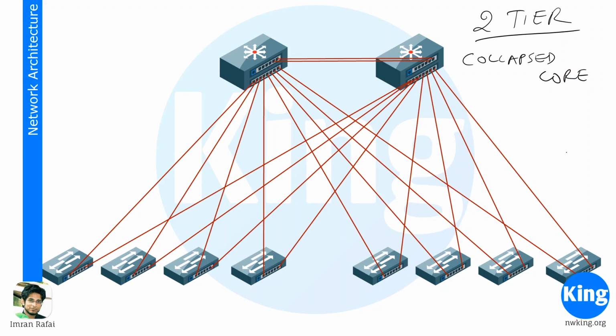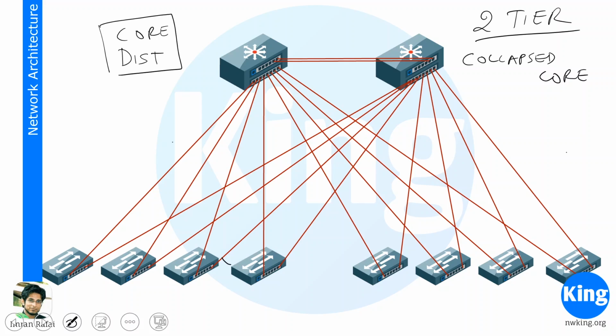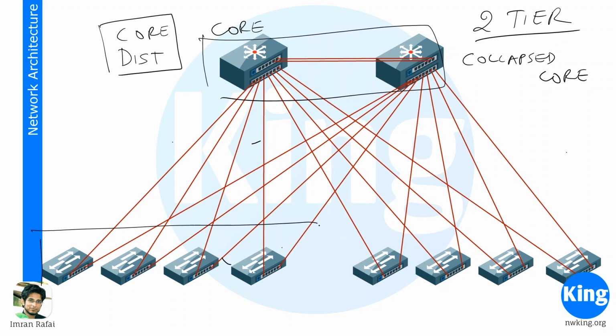That's because in this, the distribution layer and the core layer have been collapsed to form the core layer. So the core layer in a two-tier architecture is actually nothing but the core layer and distribution layer of the three-tier architecture combined together, right? So this is the core layer, this will be the core layer, and this would be the access layer.